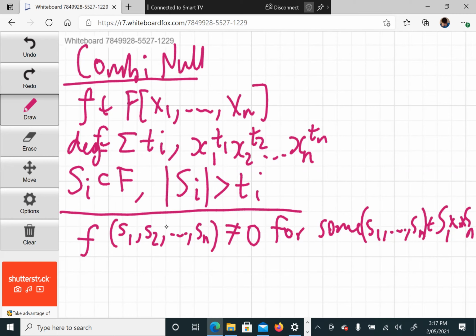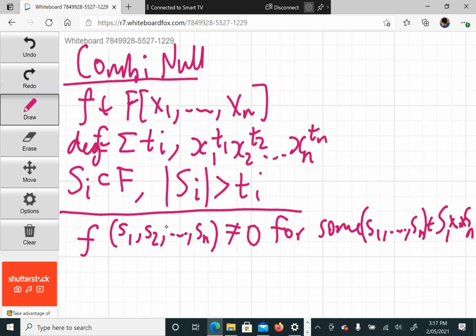So it's like if you have a bunch of subsets, and there's enough of them, then because f is not zero, because f has a big degree, it can't be a zero polynomial. So then it can't be zero on something, basically.